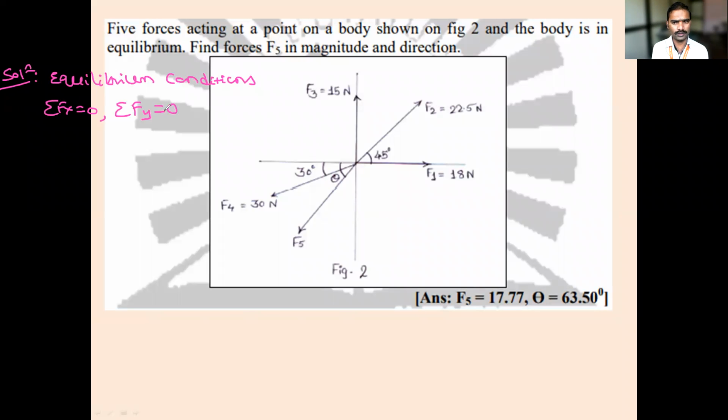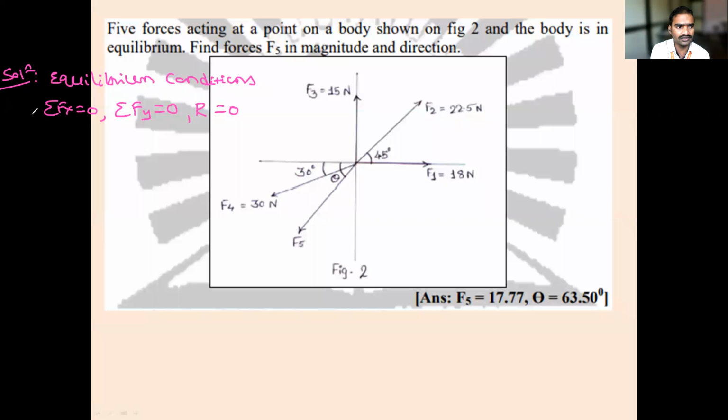Concurrent. So what are the conditions for the concurrent? Okay, so I'm not asking the definition. So for sigma Fx is equal to 0, sigma Fy is equal to 0, and also R is equal to 0, correct? If it is non-concurrent force, then your moment is also equal to 0. So how to solve this problem?